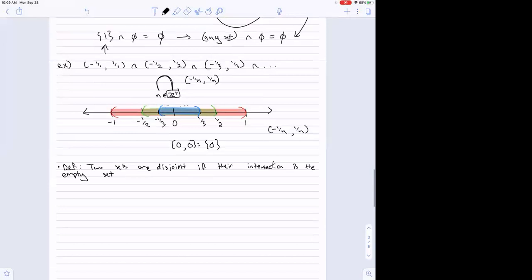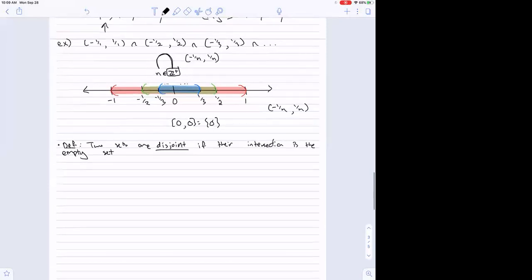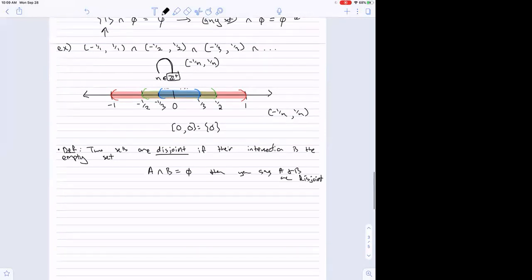So disjoint, I'll underline it. If you have A intersected with B and that's equal to the empty set, then you say A and B are disjoint. That's just the definition of disjoint.